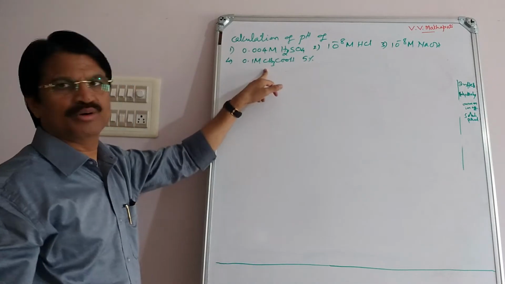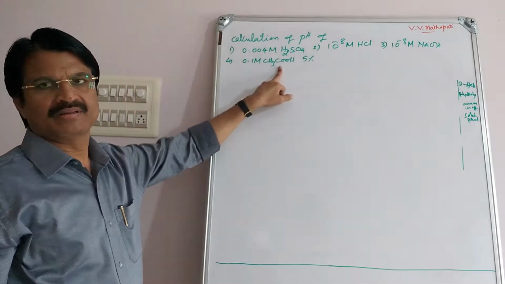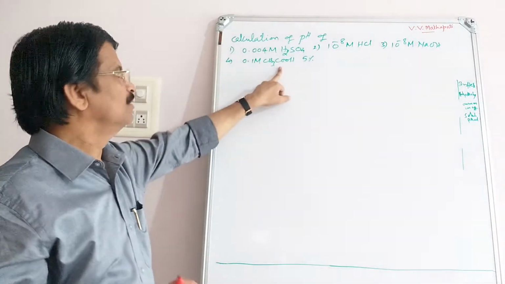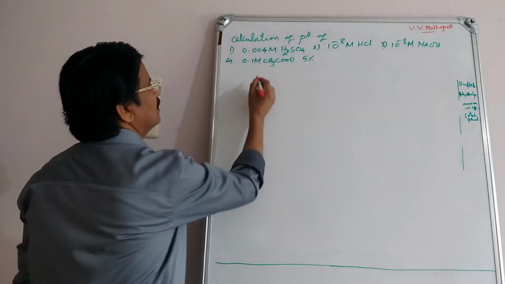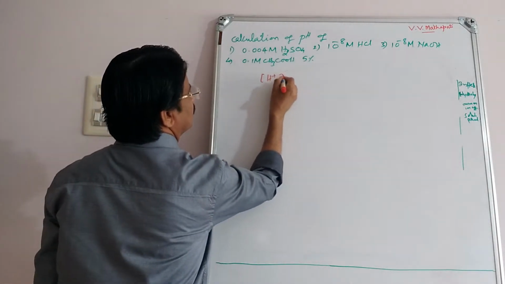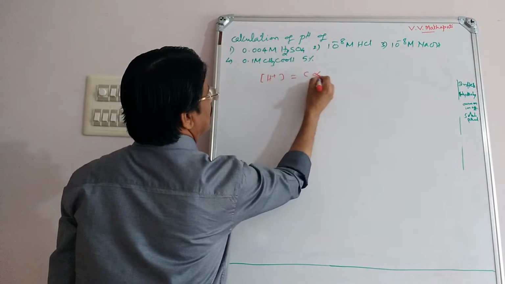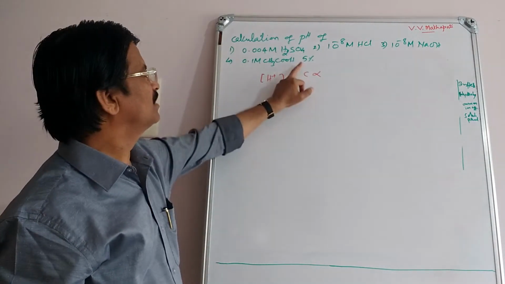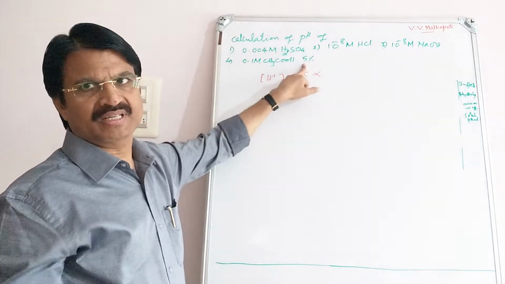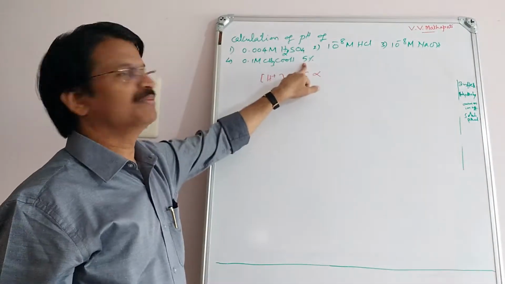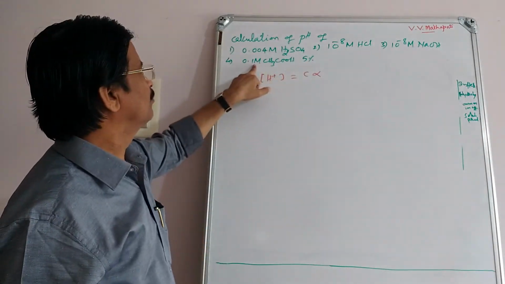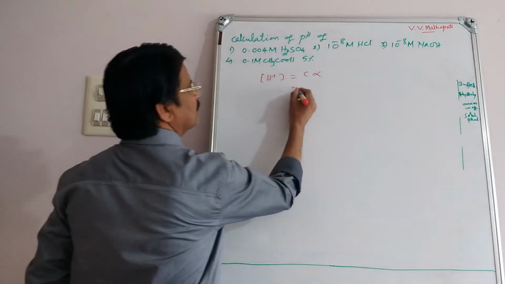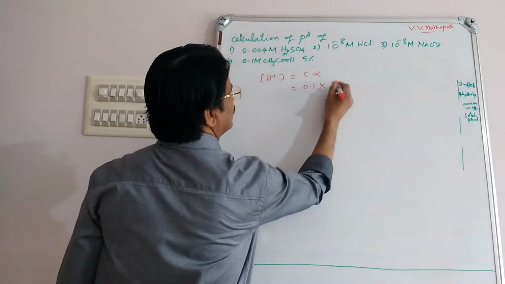But in example 4, a weak acid is given. And yesterday I gave a list of formulas. For a weak acid, H plus equals C alpha. Why use C alpha? Because here the percentage, the degree of dissociation, is given. 5 percent is 5 by 100. Then 0.1 is C. Therefore, 0.1 into 5 by 100.